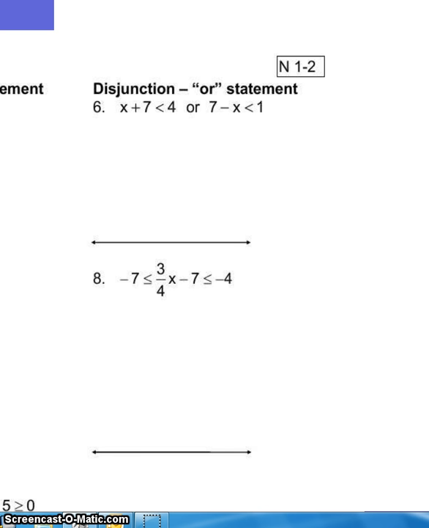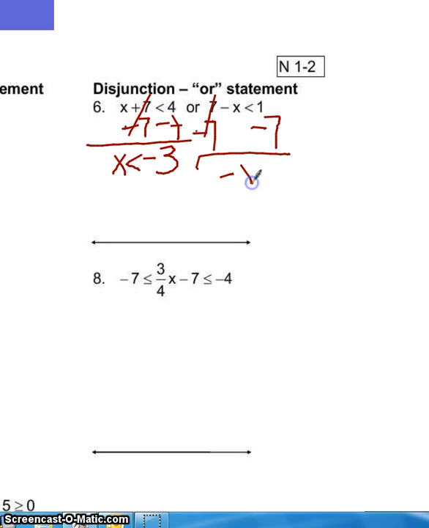For the first one, I know I need to subtract 7. So that gives me x is less than negative 3. Over here, what do I do? I subtract 7. I subtract 7.